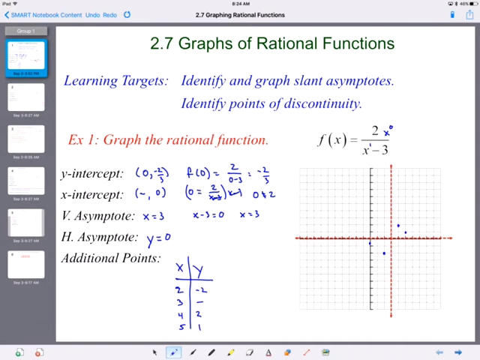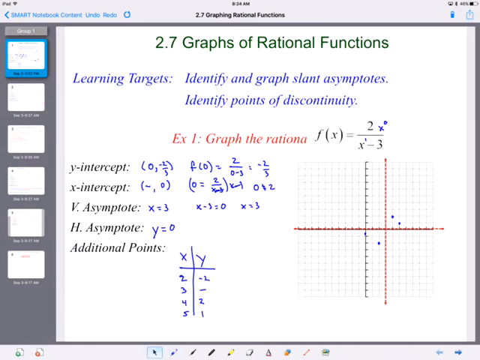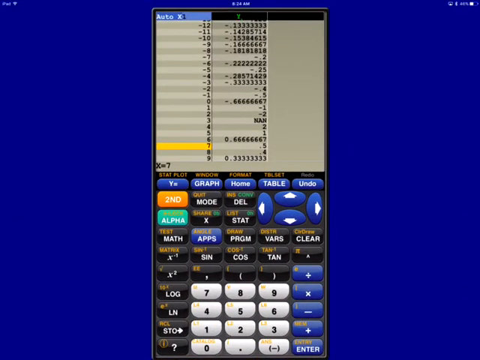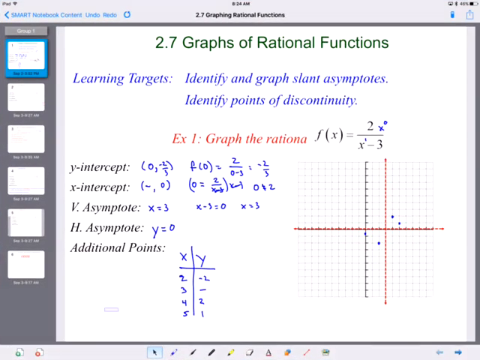Let me go back and see if I can find maybe another one at x equals 1. At x equals 1, we were at negative 1, so I'll graph that one also. So at 1, we were at negative 1.